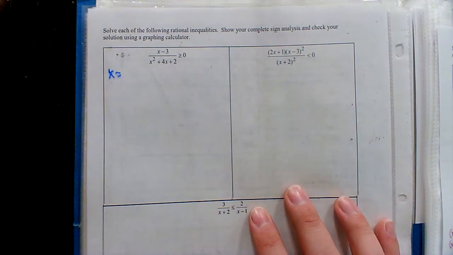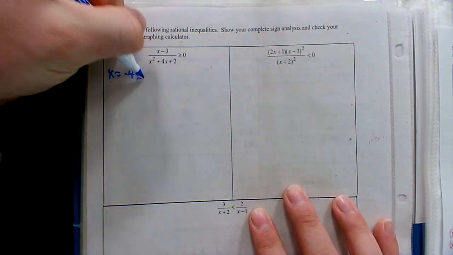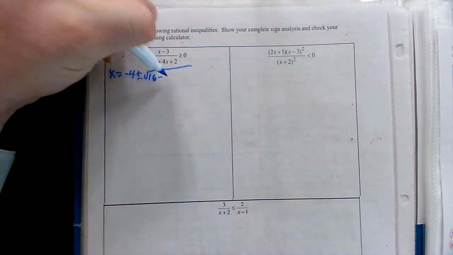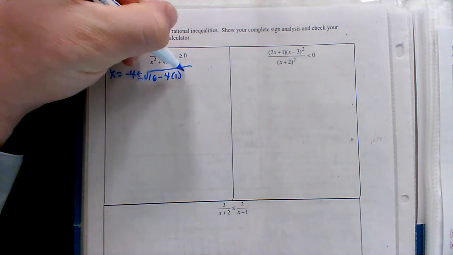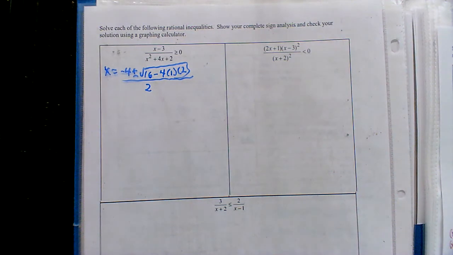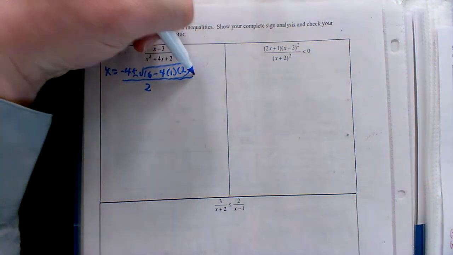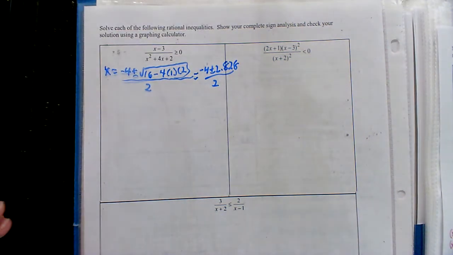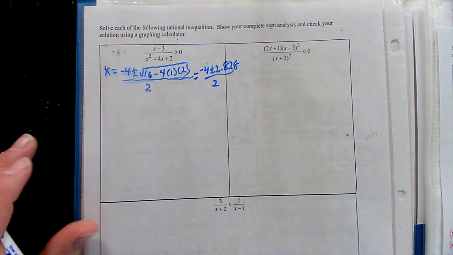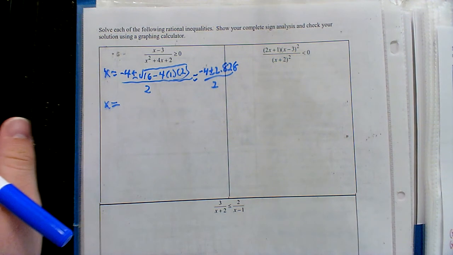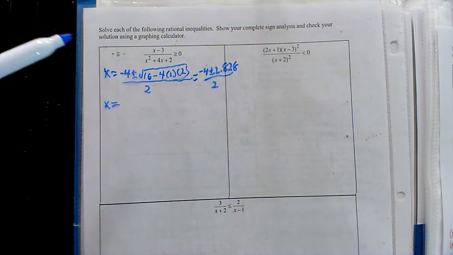X equals the opposite of b, so -4 plus or minus square root b squared minus 4ac, all over 2a. If you simplify, you get -4 plus or minus 2.828 divided by 2. So really we're doing this because we want the x values where it's either equal to 0 or undefined.